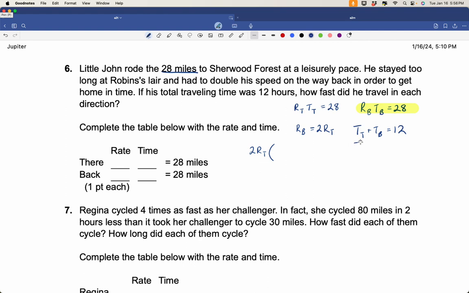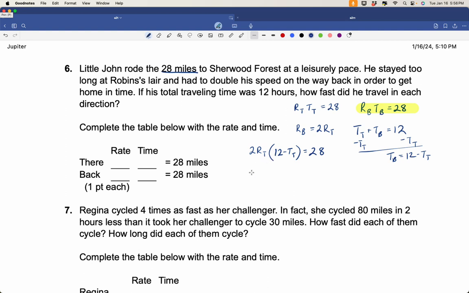So I'm going to subtract the time there from both sides. And that's going to give me TB is equal to 12 minus TT. So let's put that in here. 2 times the rate there times 12 minus the time there is equal to 28, because this is the one we're using.